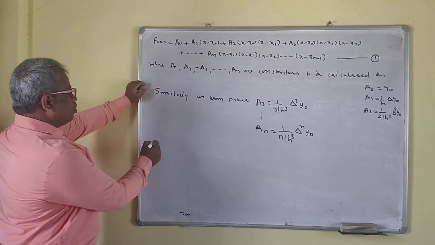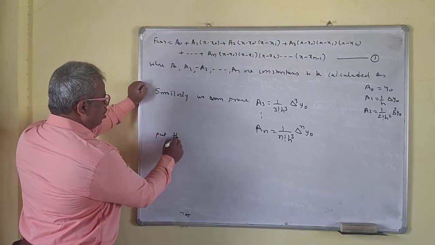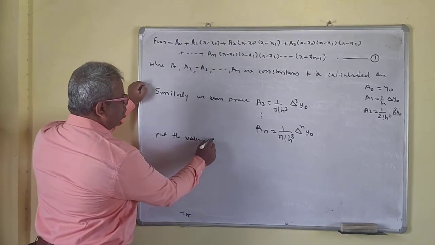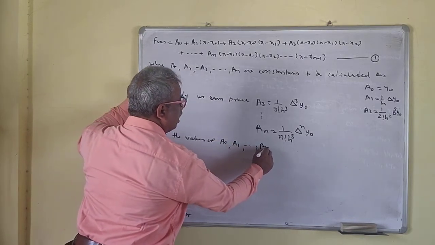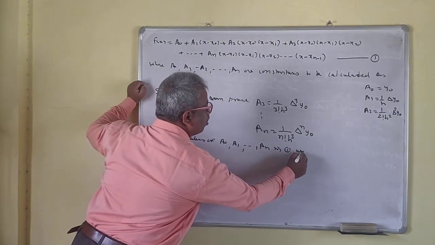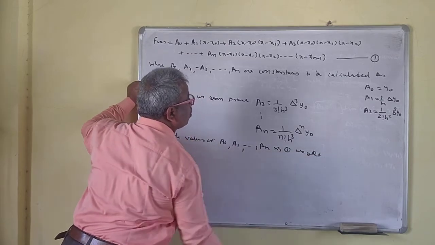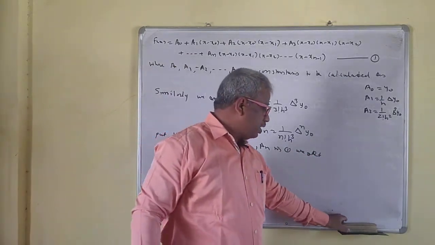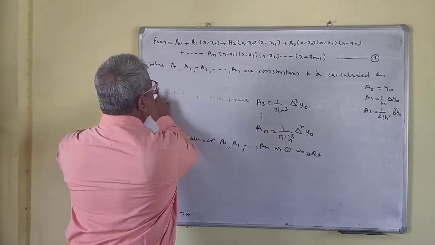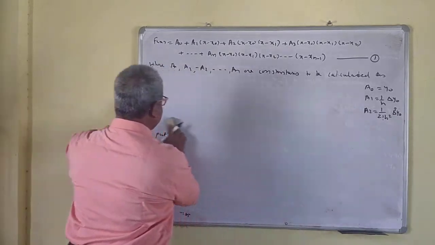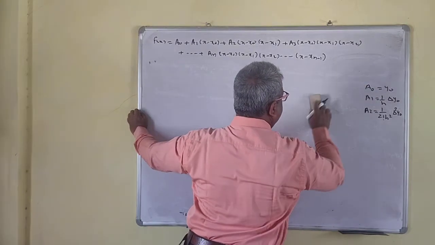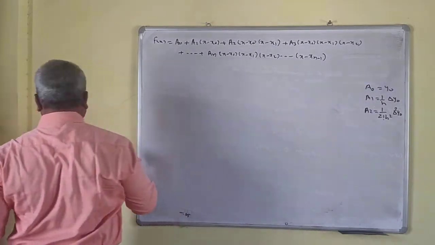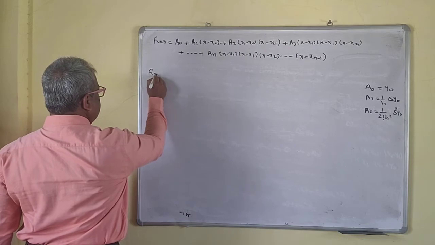Okay, put the values of a0, a1, dot dot an in 1. What do we get then? We put the value of this. This will be your f of x.